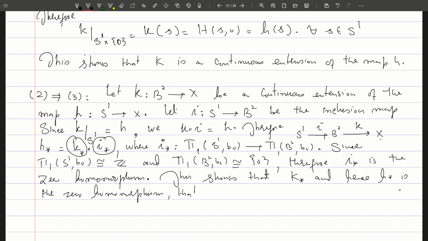That is, H star is trivial. This proves second implies third.